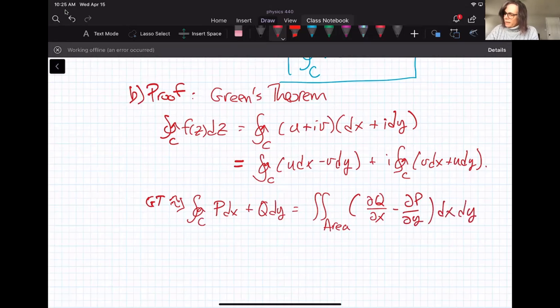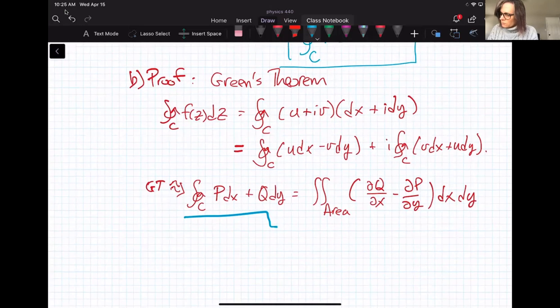When you go from here, which we set up, to here, this is where we use the Cauchy-Riemann conditions to show that this is equal to 0.